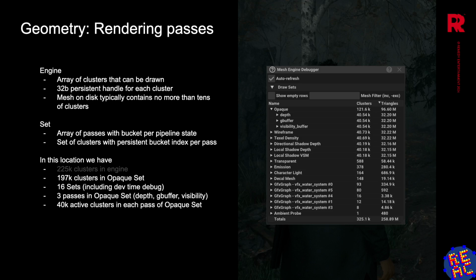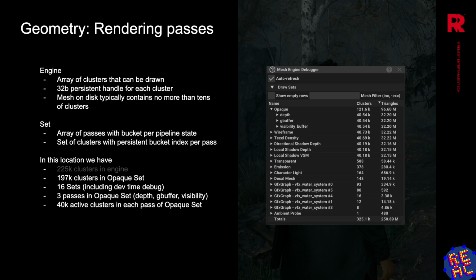Active here means that the cluster is part of a discrete detail level which is currently in use and the cluster has not been temporarily hidden. On the right-hand side debug window, you can also see that we have 16 different sets created in this location, and also that the opaque set contains 3 different passes: depth, geometry buffer, and visibility.